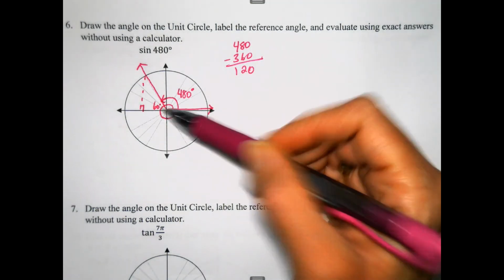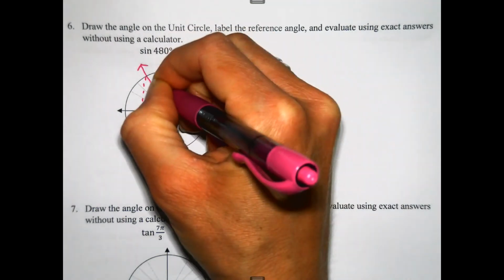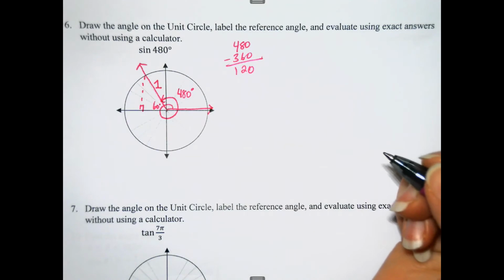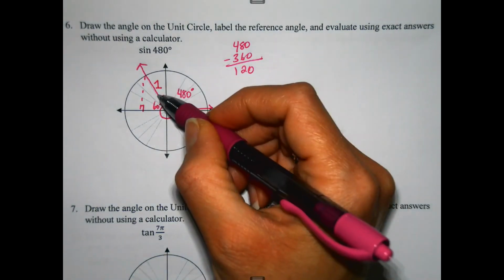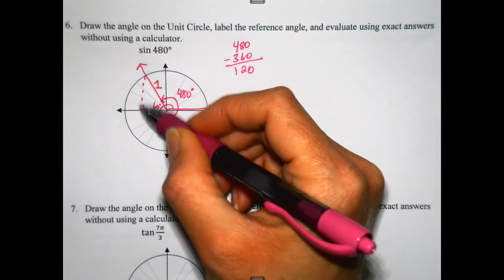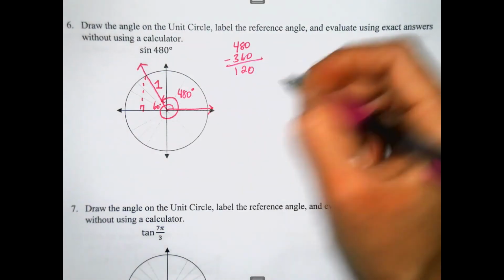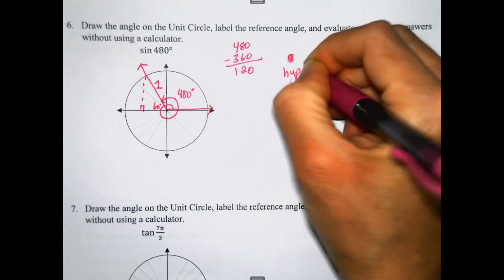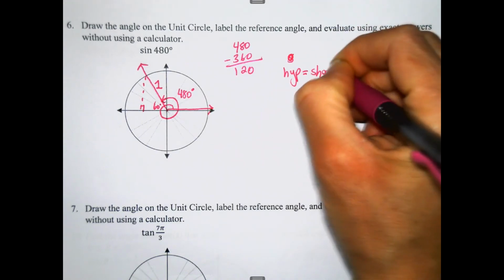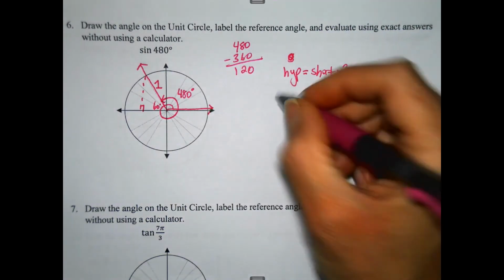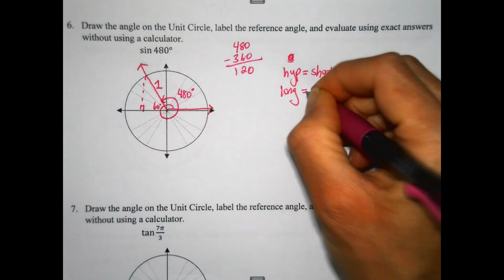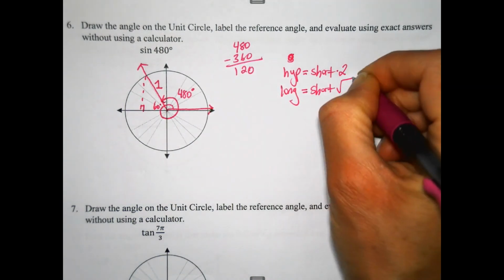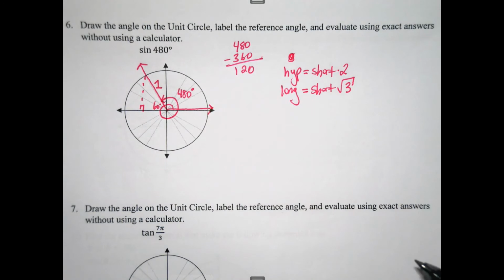Now, using our special right triangle rules like we did before, our hypotenuse is 1. And we want to find what our long leg and our short leg are. We know that the hypotenuse is equal to the short leg times 2, and the long leg is equal to the short leg times the square root of 3.